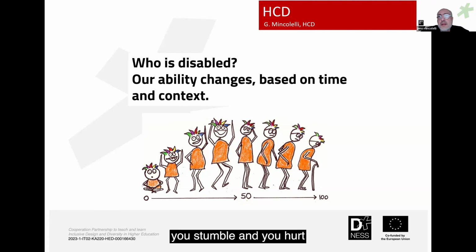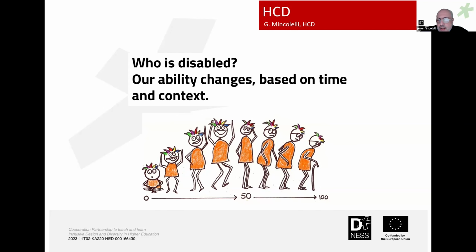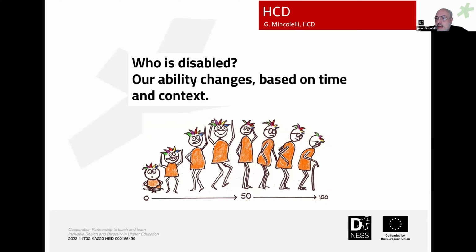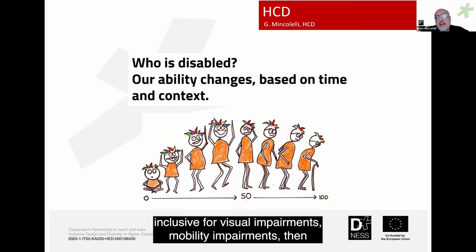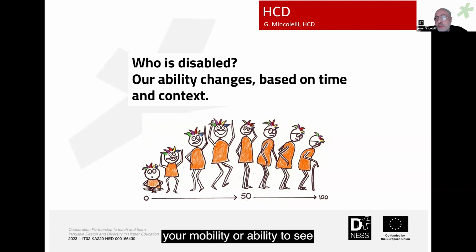You stumble and you hurt your knees and you become motion impaired for a couple of hours, one day, a week, a couple of months. And if your environment is not conceived to be inclusive for visual impairments, mobility impairments, then you are condemned to be excluded for the time you have reduced mobility or ability to see.